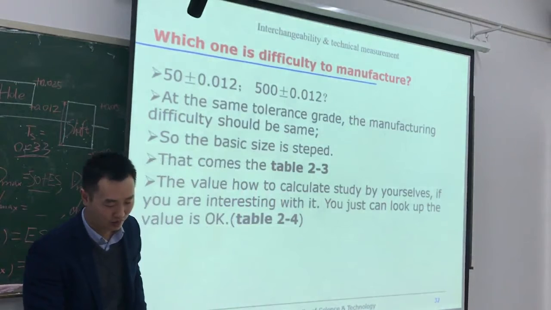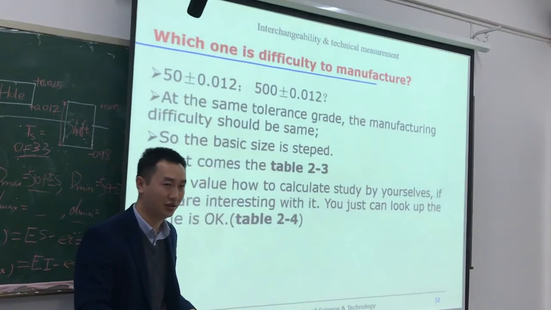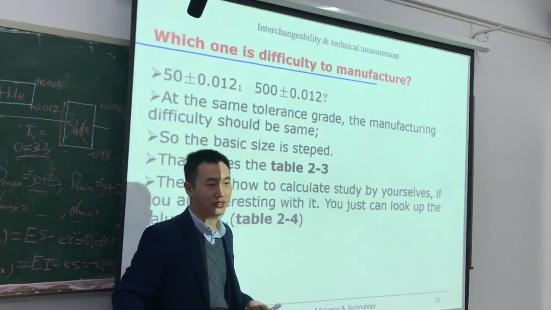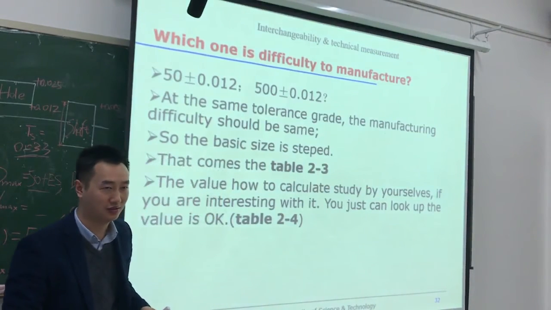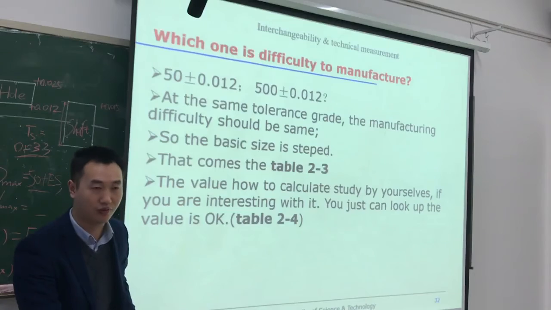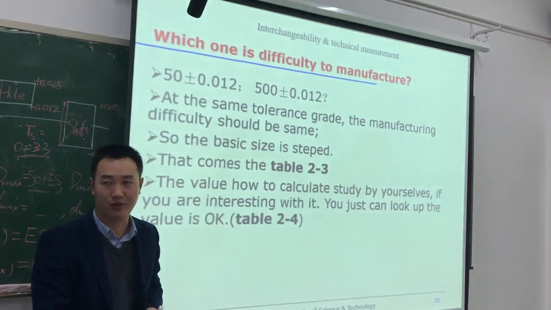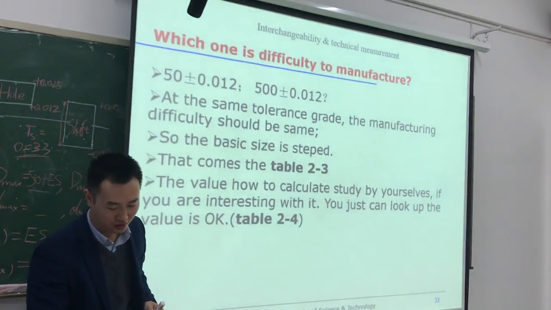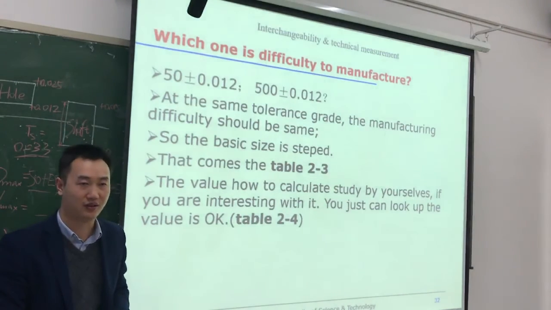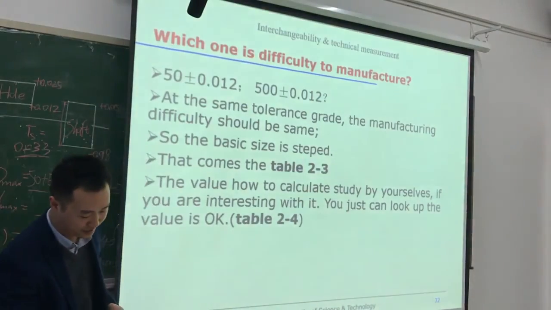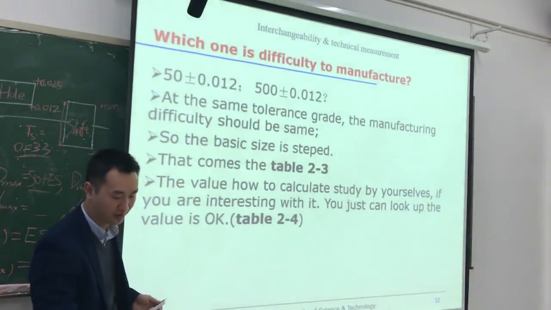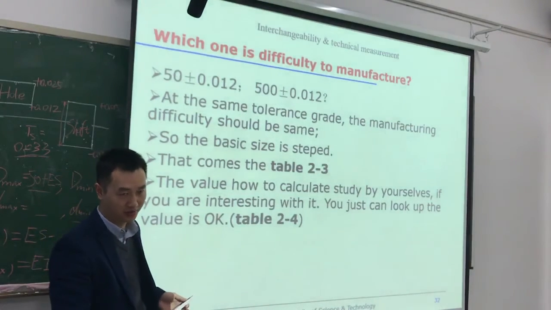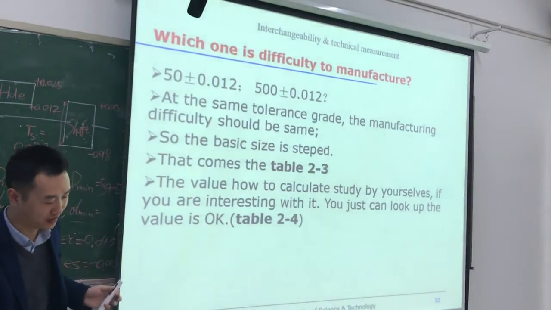And here, we don't need to calculate the standard tolerance according to table 2.3. We just give you the results. The results are in table 2.4. Table 2.4 is very important, and we are going to use it very often. Table 2.4 is the calculated results of table 2.3.